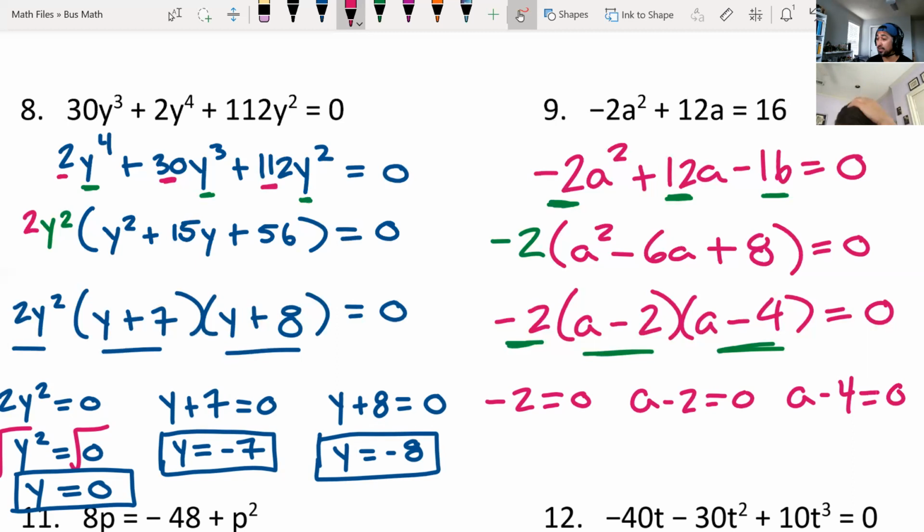Because the only reason this doesn't work out is because there's not a variable on it. If this said -2a equal to 0, then that would make sense. But since it's just -2, we don't have to worry about it. We only worry about a minus 2 and a minus 4, which means my 2 answers are a equals 2 and a equals 4.